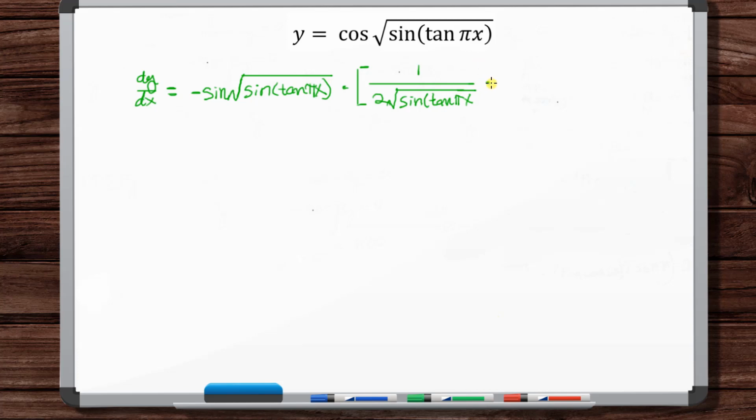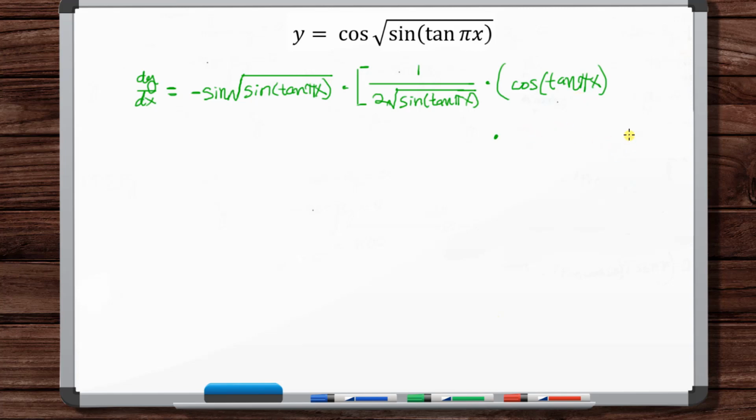times the derivative of that something again. Okay, so that was everything inside of the root. So there we've got the sine of something. The derivative of the sine of something is cosine of that something, now times the derivative of that something. What do we know about the derivative of the tangent of x?